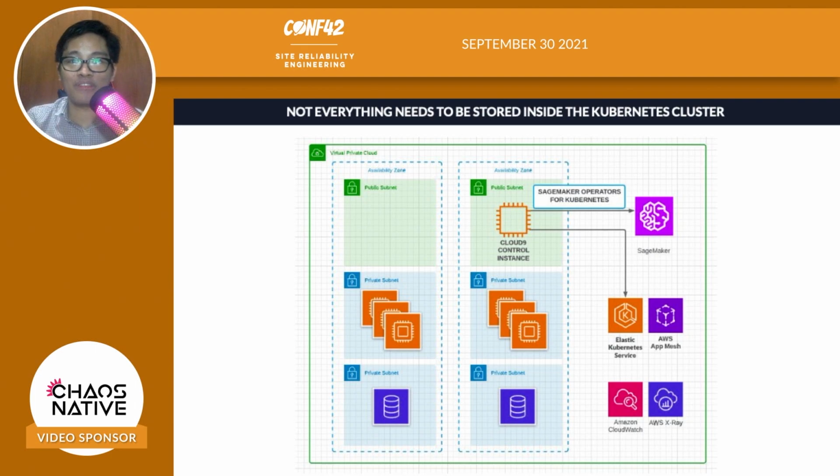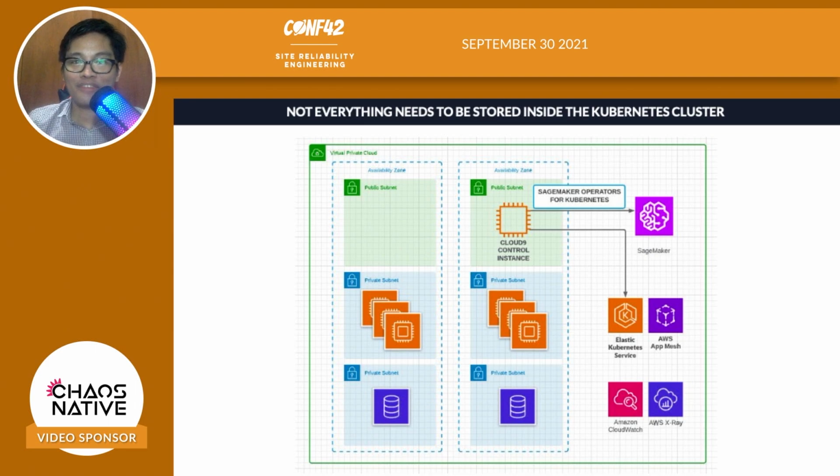So there's a bunch of logos here, a bunch of tools. First, we have SageMaker, we have AppMesh, we have EKS, we have X-Ray, and we have CloudWatch. The lesson I want to share here is that not everything needs to be stored inside the Kubernetes cluster. There may be open source tools that can easily be installed inside the Kubernetes cluster. You may be using some machine learning tools and workflow tools to run machine learning workloads inside the Kubernetes cluster, right?